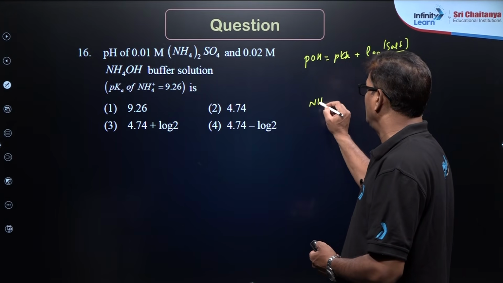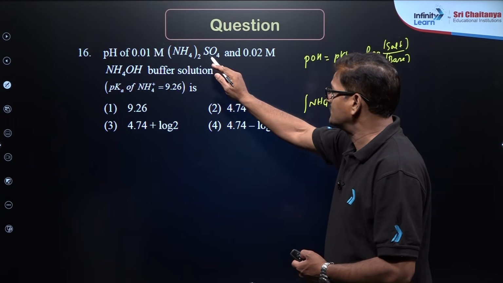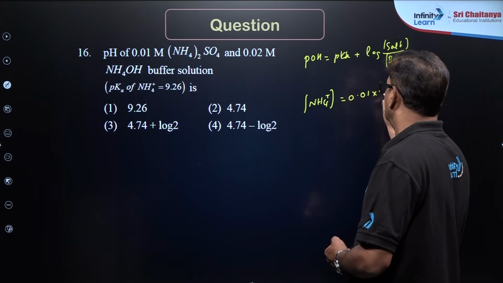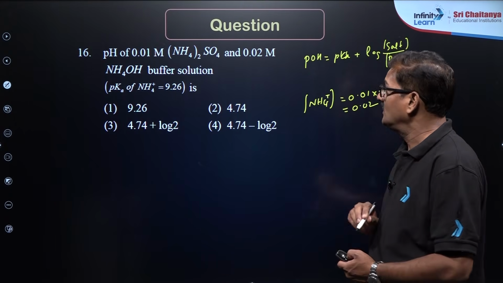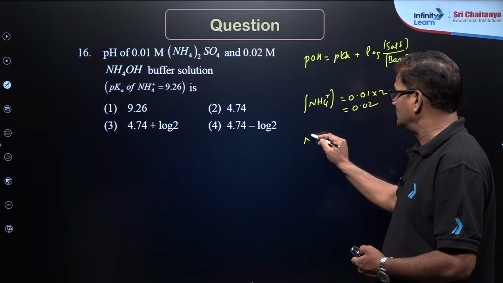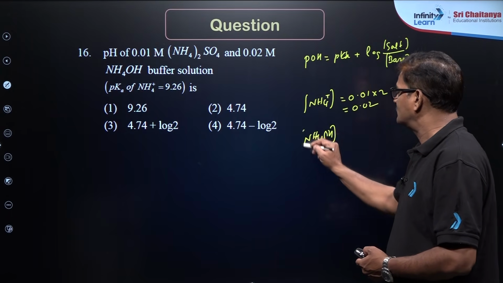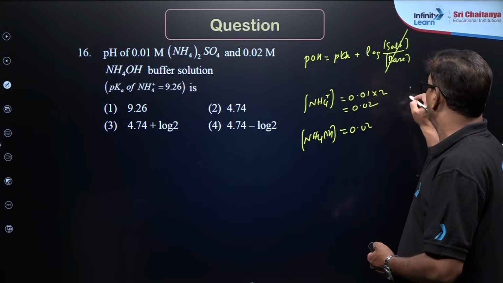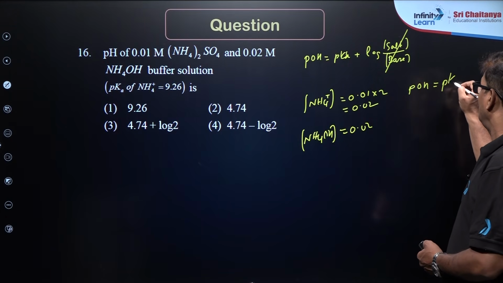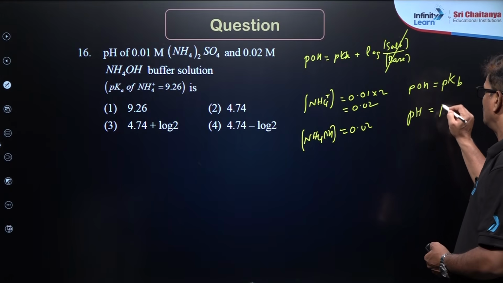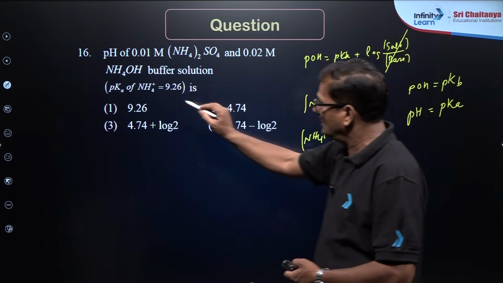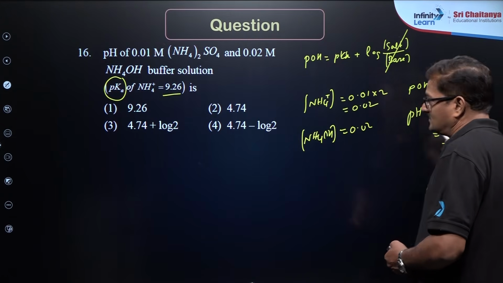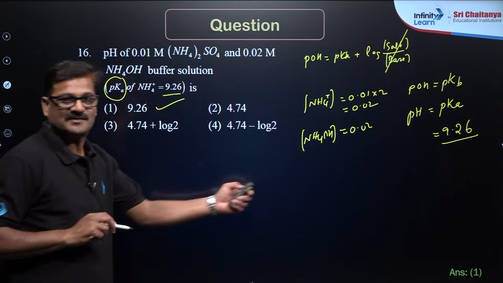For the salt concentration, ammonium plus concentration, ammonium sulfate ionizes to give rise to 2 ammonium plus, so it is going to be 0.01 into 2, which is equal to 0.02, and the base concentration, ammonium hydroxide, is also given as 0.02. When these two are the same, pOH is equal to pKb and pH is equal to pKa. The pKa of ammonium plus is given as 9.26. So, 9.26 is the answer. The first option is the correct answer for this question.